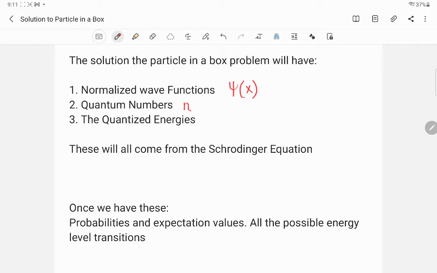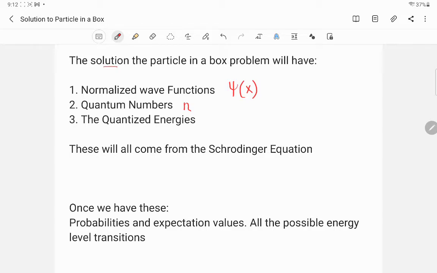They're not necessarily always going to be just the counting numbers. Sometimes it could be that they are both positive and negative counting numbers, or they might be odd integers divided by 2. It sort of depends on your problem. The quantized energies are also going to come out of the solution.